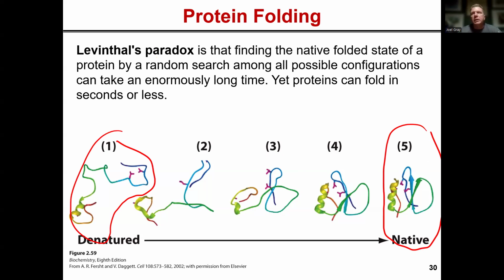So the idea here with Levinthal's paradox is a denatured protein doesn't have to say, okay, well, if I put this arginine here and I put this histidine here, I'm going to try to fold to all of these different configurations in order to find the native state.